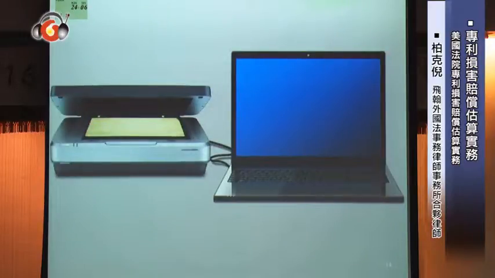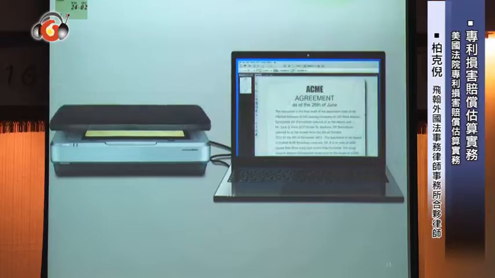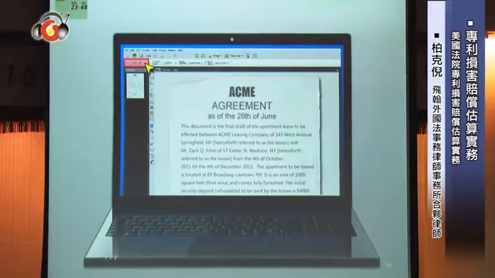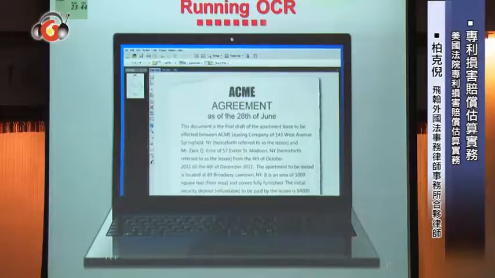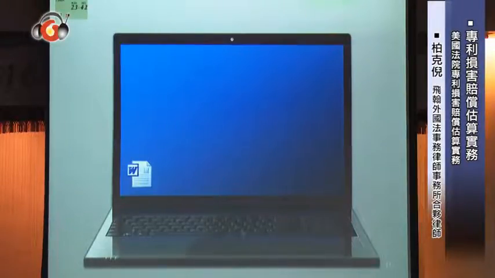Well, optical character recognition allows you to automate that process. And what you do is you put the document on a scanner. The scanner literally takes a picture of the document and then transfers it into the computer. And the computer converts that image of the document using the OCR process into a computer file that you can now use.